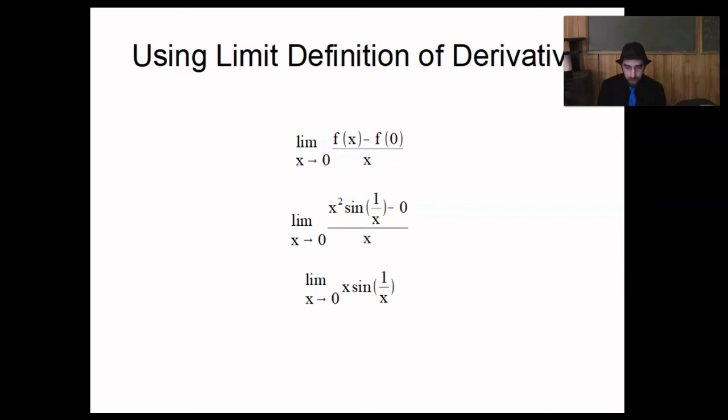We are then multiplying that by x, and as x approaches 0, that means that our answer is stuck between -0 and 0. So it's going to go to 0. So using the limit definition of derivative, we actually find that the derivative does exist at x equals 0, and the derivative itself is equal to 0.